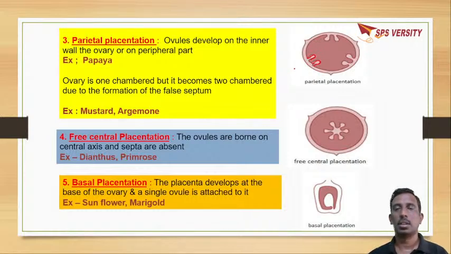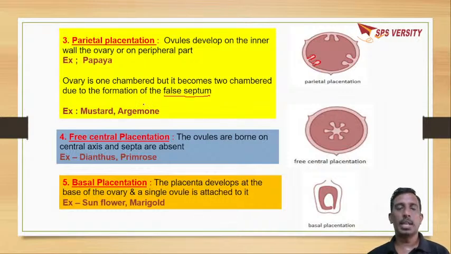Okay. Like you can take papaya. Okay. और मस्टर्ड और अर्जमून में देखो तो इसमें एक ही चैम्बर रहता लोक्यूल, बट लेटर ऑन ड्यू टू फॉर्मेशन ऑफ फॉल्स सेप्टम इन मस्टर्ड एंड अर्जमून इट बिकम्स two chamber.